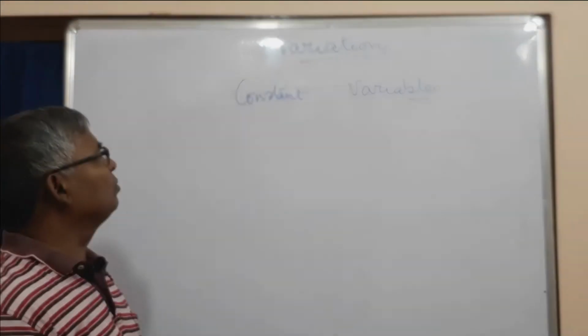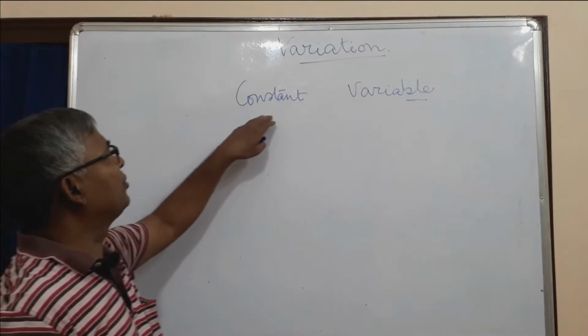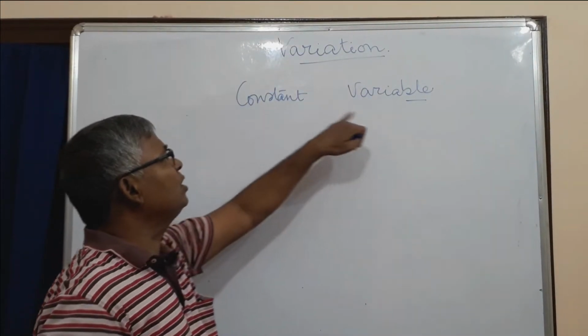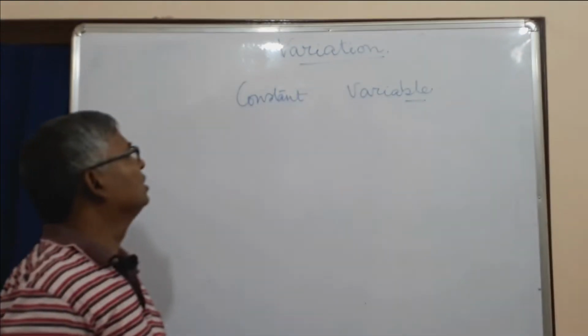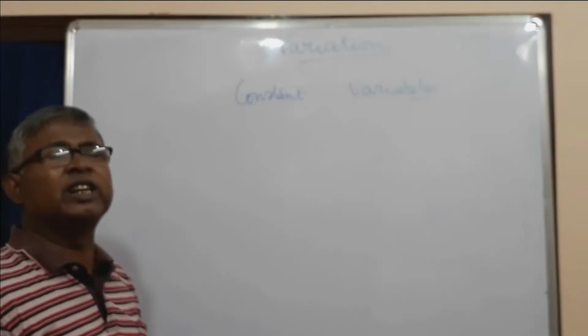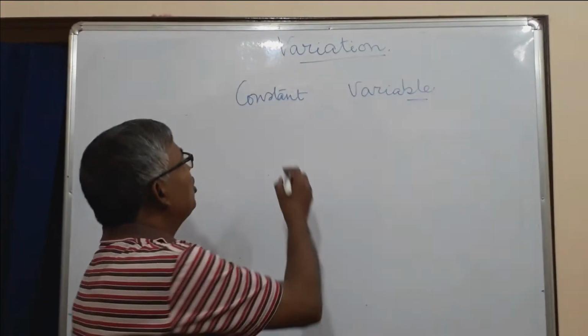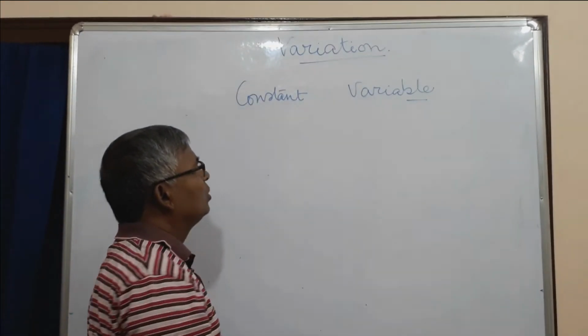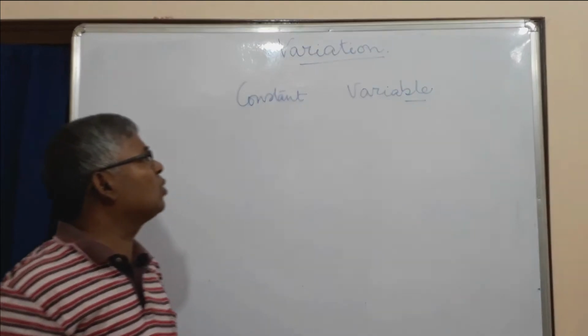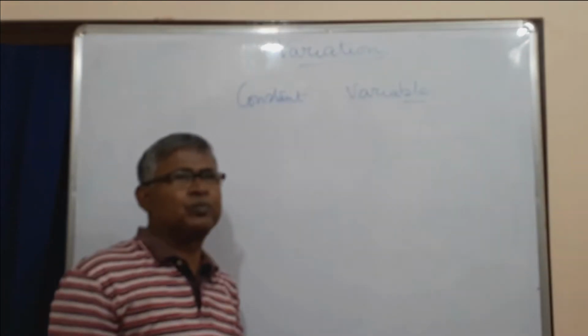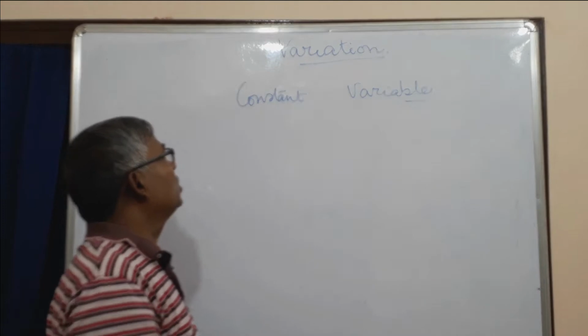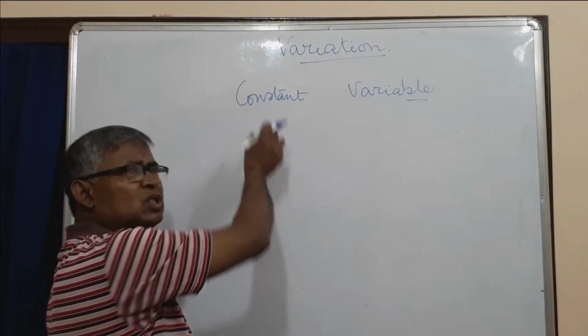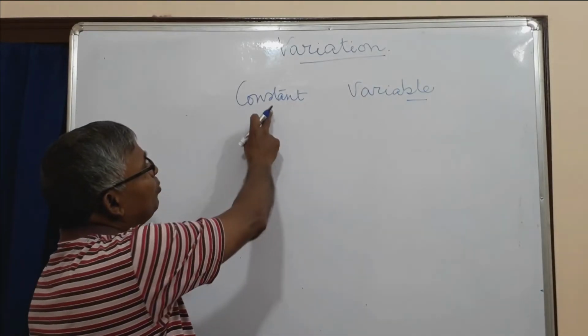In real life, quantities are of two types, one constant and one variable. Constant is the quantity whose value never changes, like 5. Suppose the distance of Burdwan to Calcutta is always fixed, it never changes, that is constant.